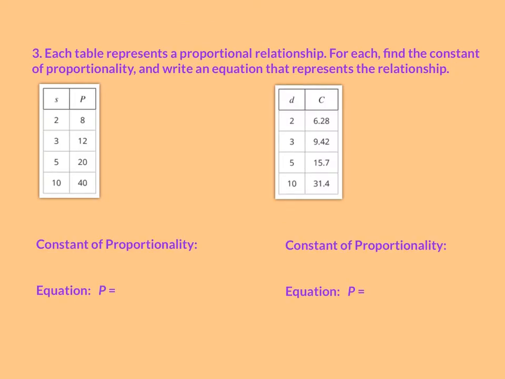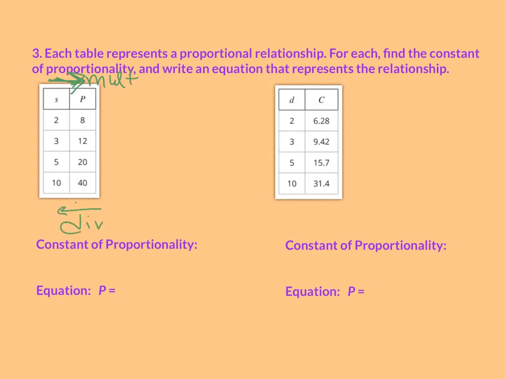Each table represents a proportional relationship. For each, find the constant of proportionality and then write the equation. Okay, well, we know that the constant of proportionality is whatever number we need to multiply by to go from left to right. And if we don't know what we're multiplying by, we would divide in the other direction.